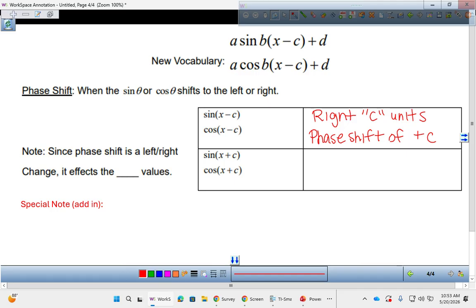And a plus C, even though it looks like it's going to go in the positive direction, actually moves the graph to the left C units. And the way that we're going to write that in the description is it's going to be called a phase shift of, and because we're moving to the left, we're actually going to subtract the C from every value. So we'll do a minus C.